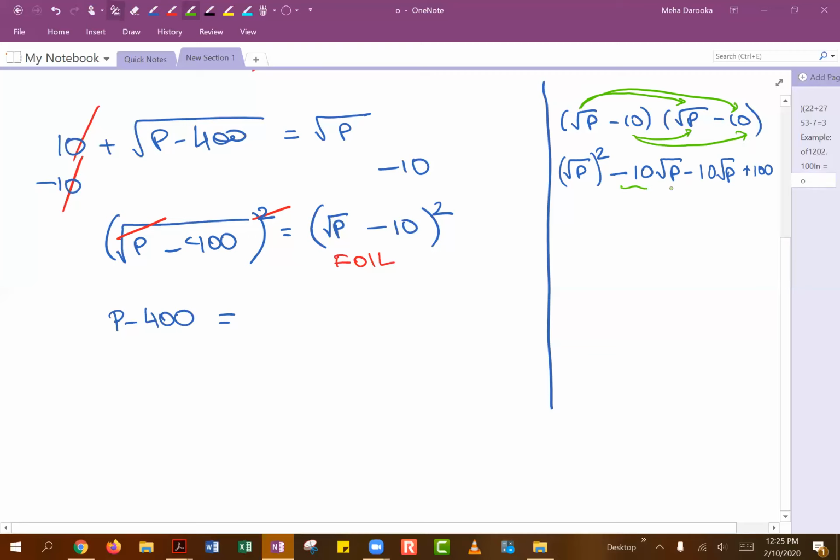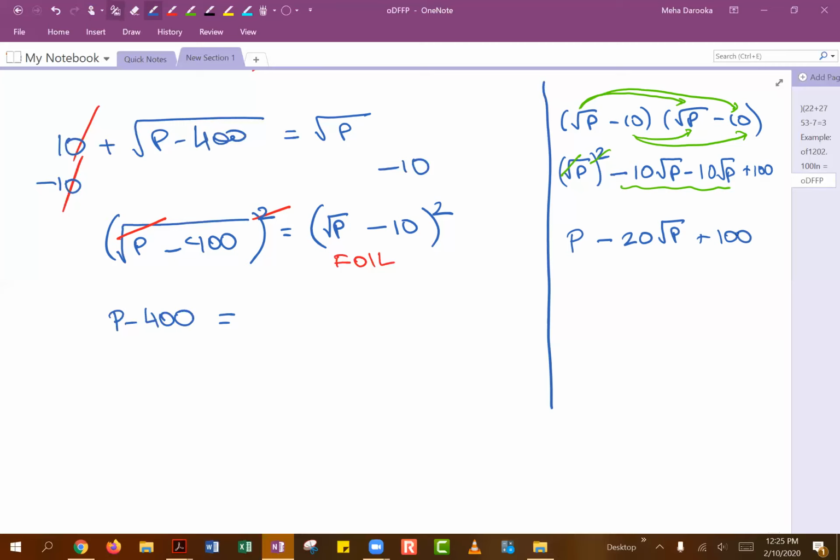Clean up the middle terms, these guys will combine. Oh, and the square root of p and square root of p will cancel out. So just p, negative 10 will add up to negative 20, square root of p plus 100. Again, let me reiterate the fact.